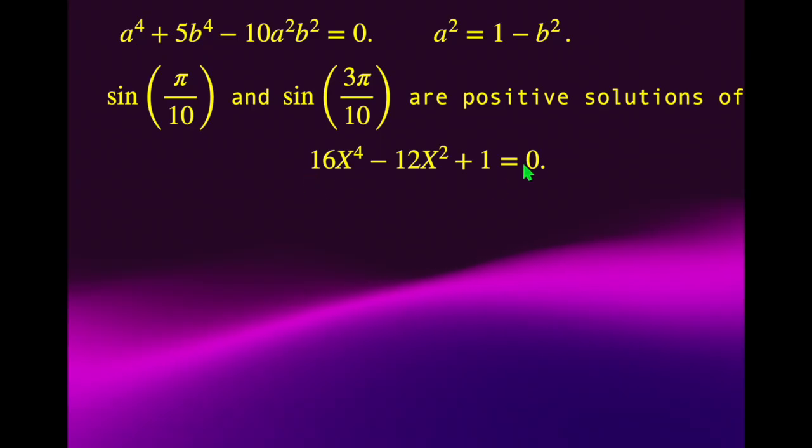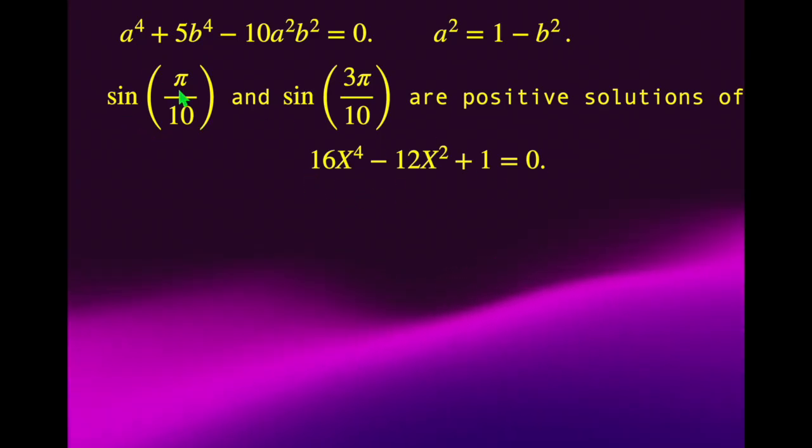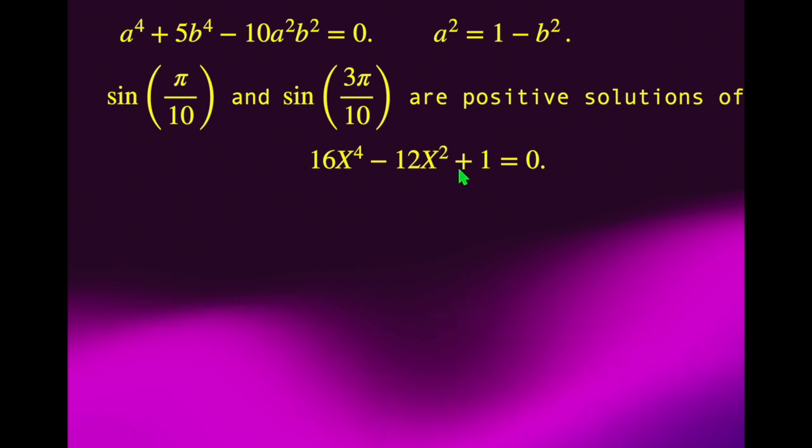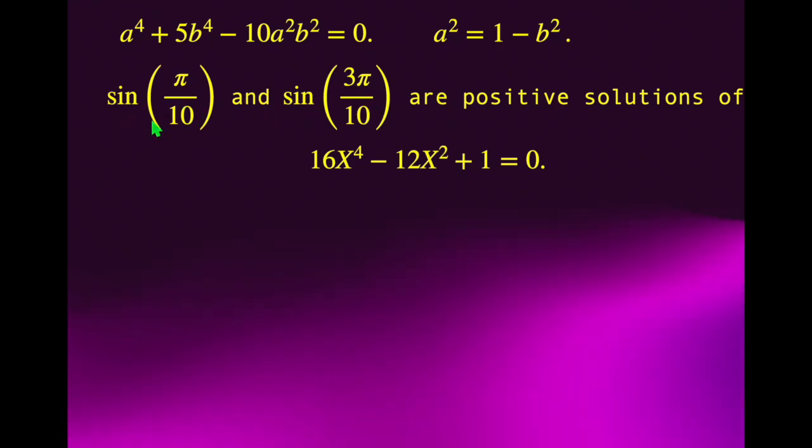So now we need to compute sine pi over 10 and sine 3 pi over 10. We need to solve this equation and find the positive solutions, because we know that these quantities are positive.